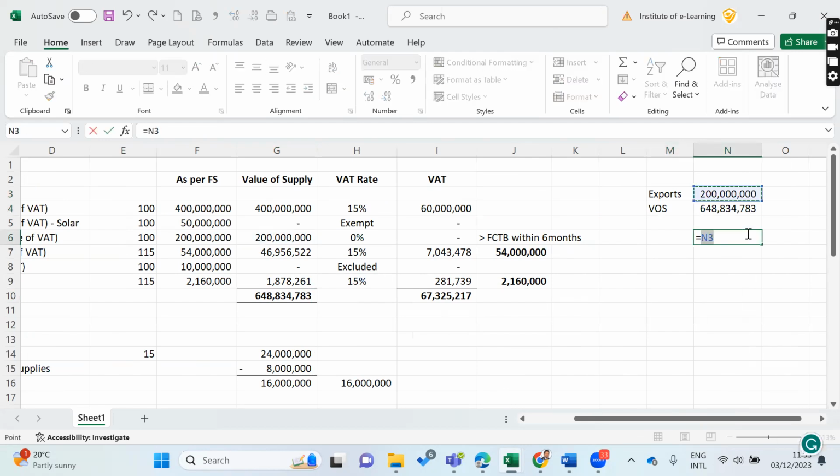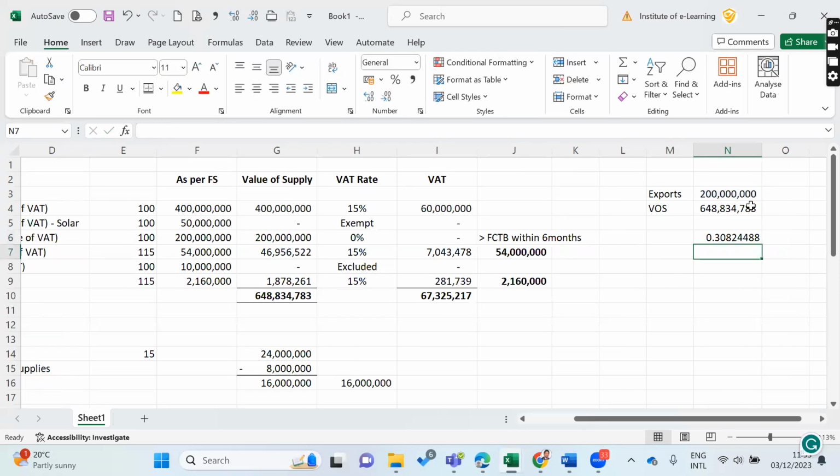If you get the percentage here, right? Percentage would be 30%, not 50%. In order to get the RIP status, it should be more than 50% of the total supply. More than 50%, right?